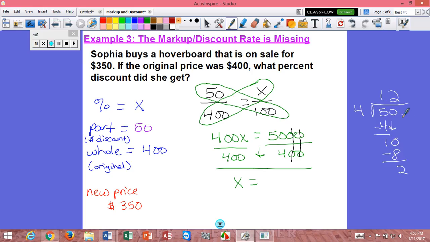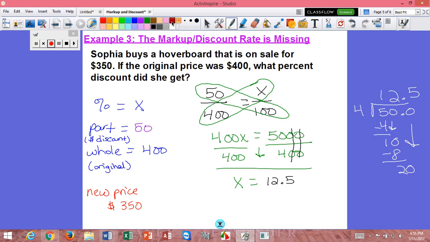So we have 2 left over. I'm going to add a decimal and a 0. So 4 is going to go into 20 5 times. So we get 12.5.